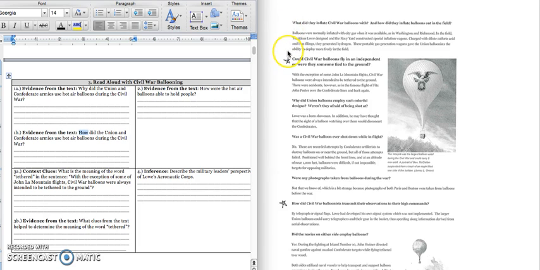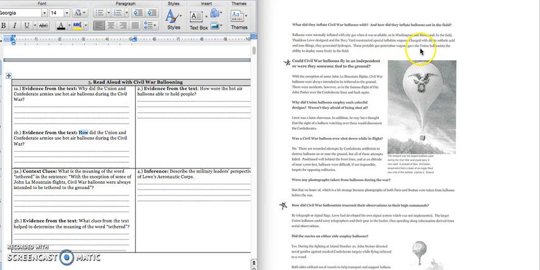Okay, so if we go back, we know that how were the balloons able to hold people? Well, they had a special gas that made them float into the air. And if we go back and reread this section, we know that the gas that they used is dilute sulfuric acid and iron filings that generated hydrogen.